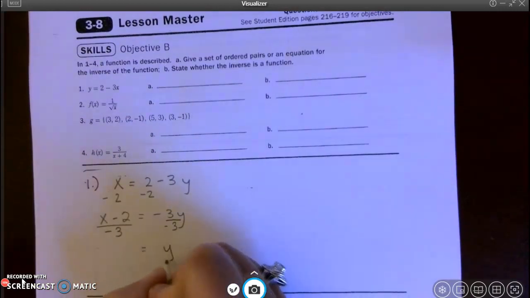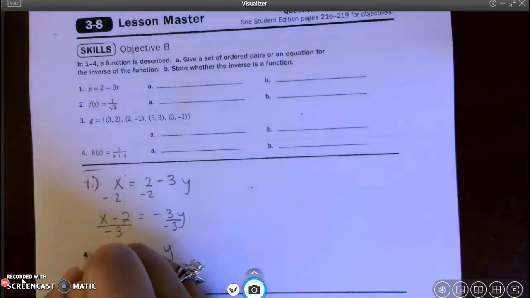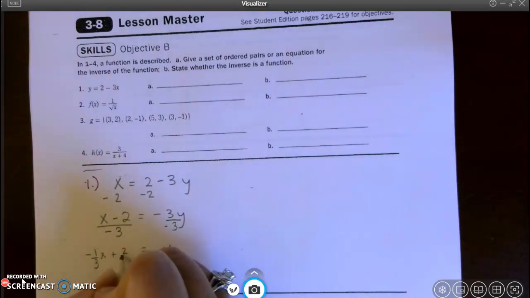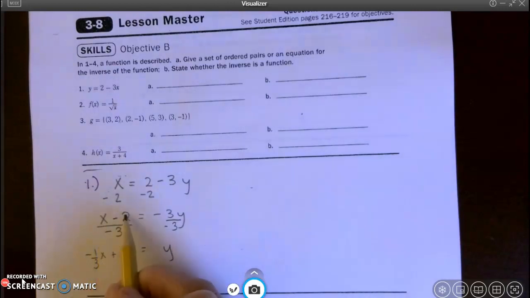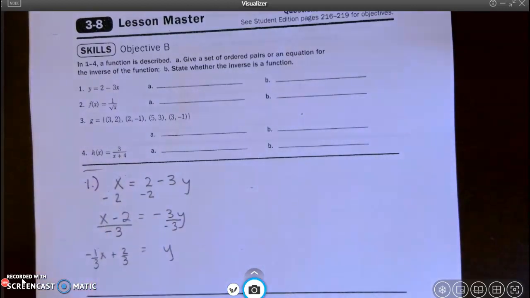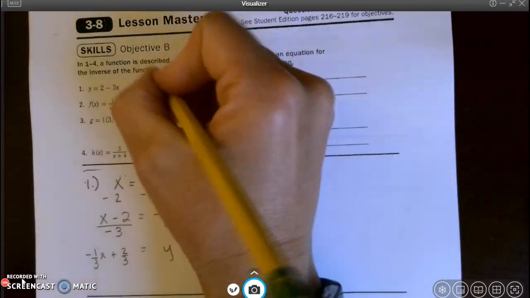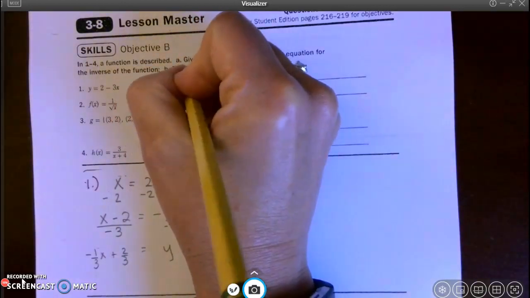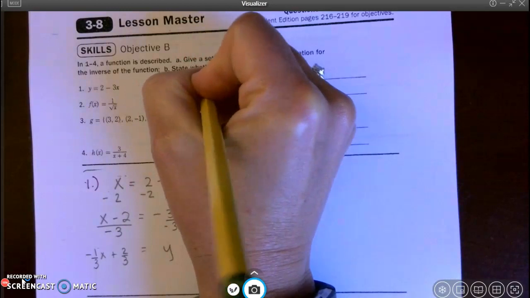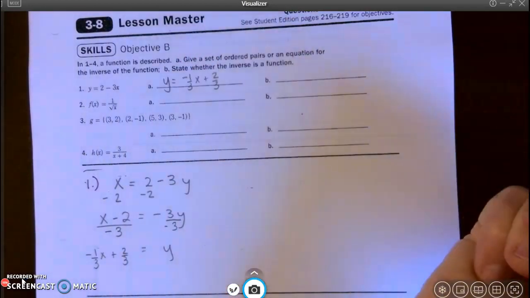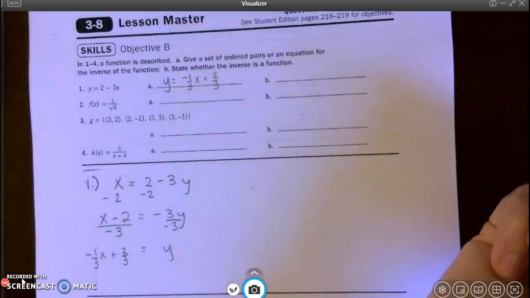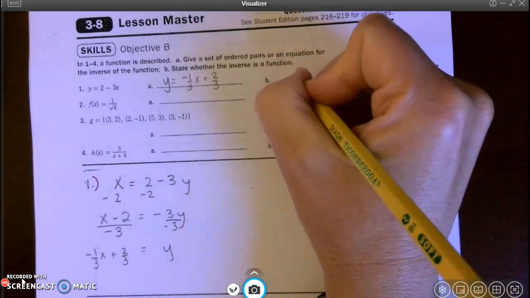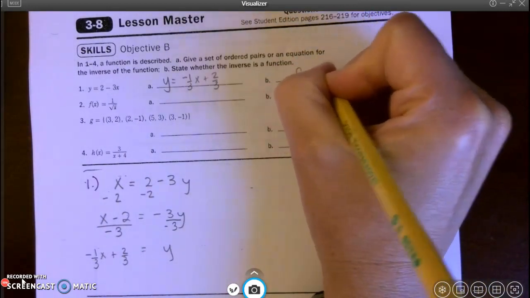So I get that y equals, I could leave it like that, or I can say -1/3 x plus 2/3, because this -3 is distributed to both. So y equals -1/3 x plus 2/3. And I know that that's a line. And a line is a function. So yes, the inverse is a function.